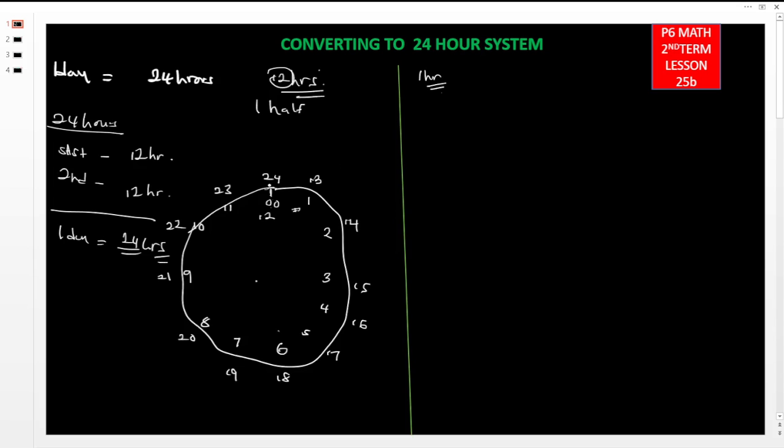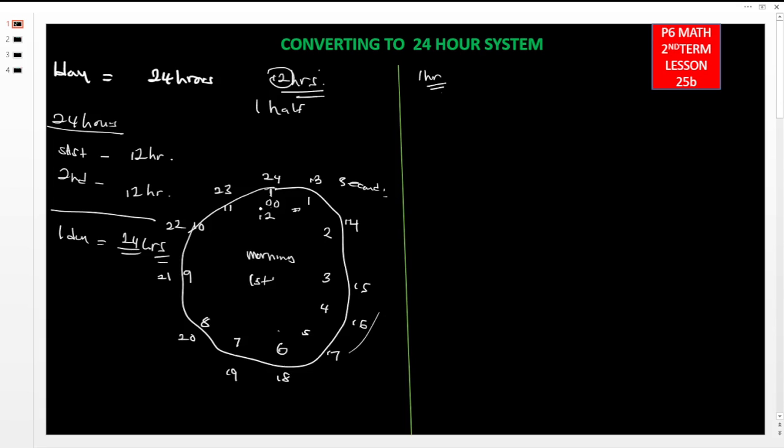When it is now 24, one day has ended, and our clock face comes back inside. Inside is the morning time. The outside numbers are the second half, the afternoon, and the inside numbers are our first half.